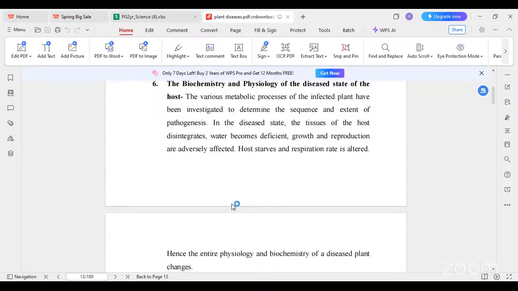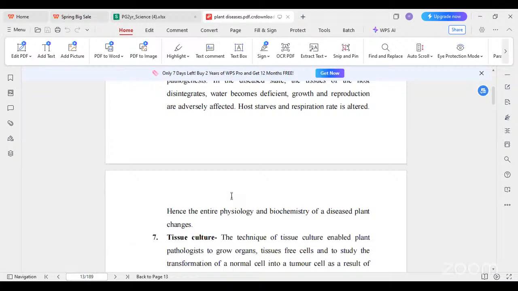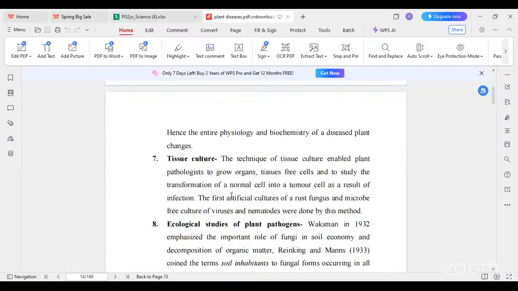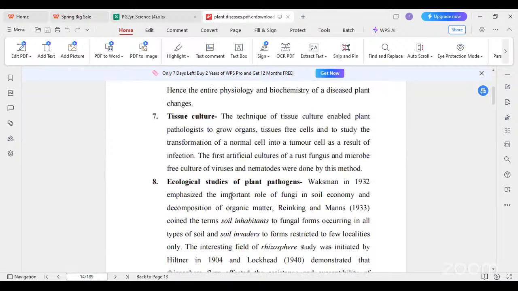In the disease state, the tissues of the host disintegrate, water becomes deficient, and growth and reproduction are adversely affected. The host starves and respiration rate is altered, hence the entire physiology and biochemistry of a diseased plant change.